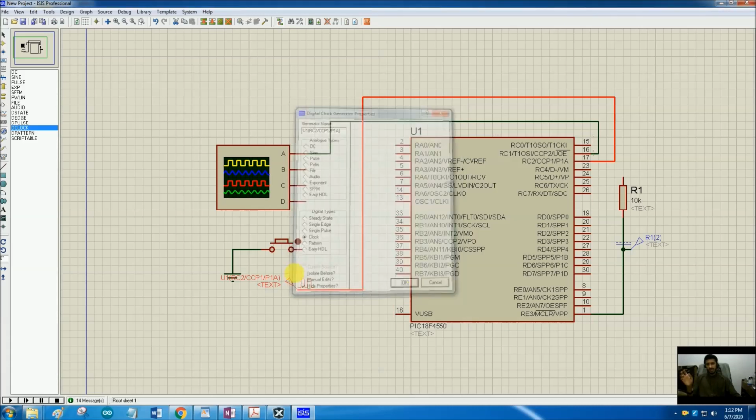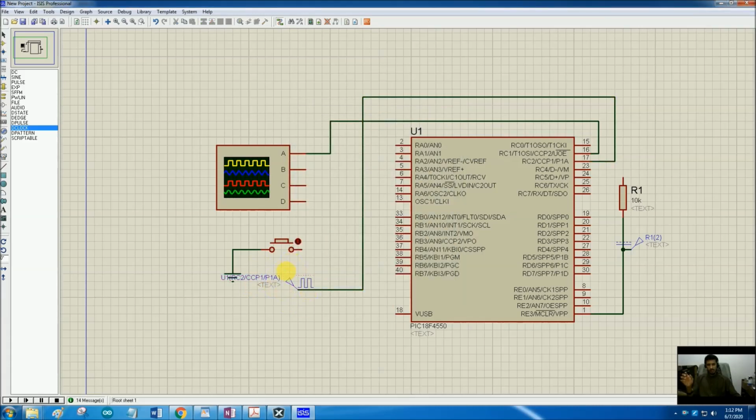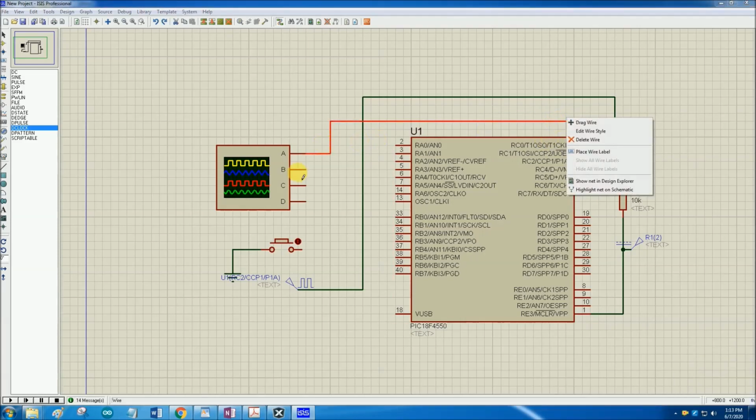So I have connected a square wave source with RC2, that is CCP1, and that CCP1 is in capture mode. So we want to measure the frequency of this waveform, and in case of CCP2 RC1 we are generating a waveform, displaying it on the oscilloscope.